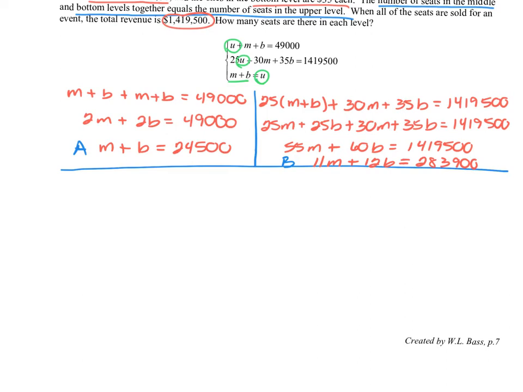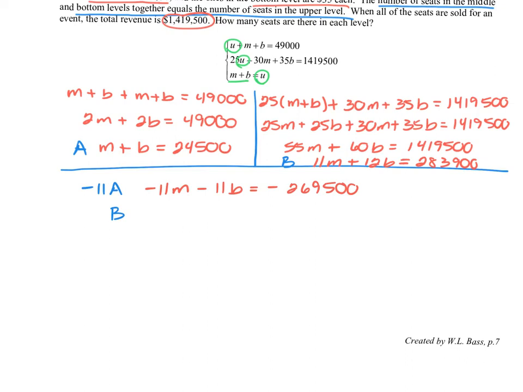I chose to do elimination here just to combine my two strategies. I kind of like elimination. So I did negative 11 times A plus B. Again, this is just a personal preference. You could do it a variety of ways if your brain sees a different strategy. So negative 11m minus 11b equals negative 269,500. Yes, I used a calculator.